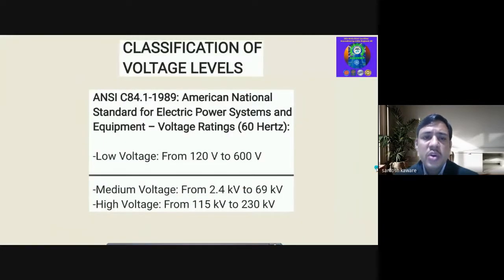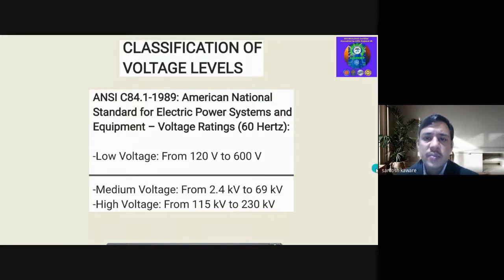Again, if we talk about ANSI, that is American National Standard for Electric Power Supply Systems and Equipment, especially in 1989, they are saying that low voltage is from 120 volt to 600 volt. Medium voltage comes in the range of 2.4 kV to 69 kV. High voltage comes in the range of 115 kV to 230 kV.